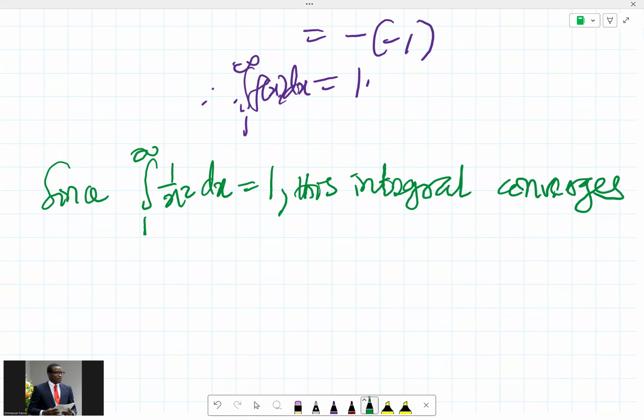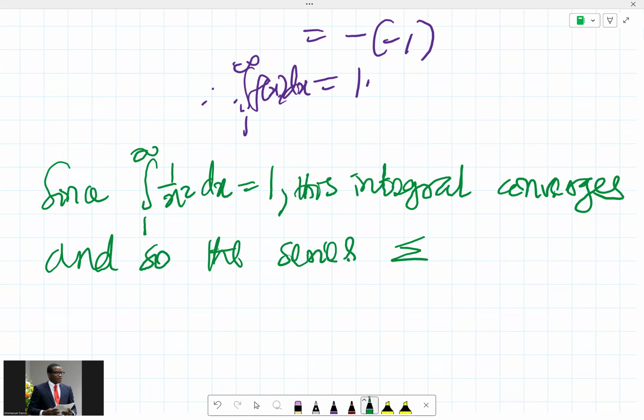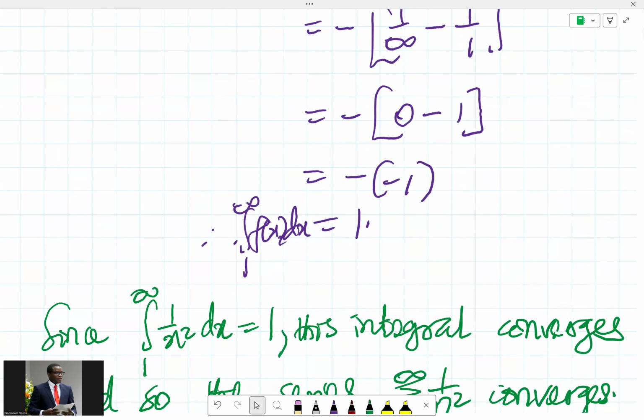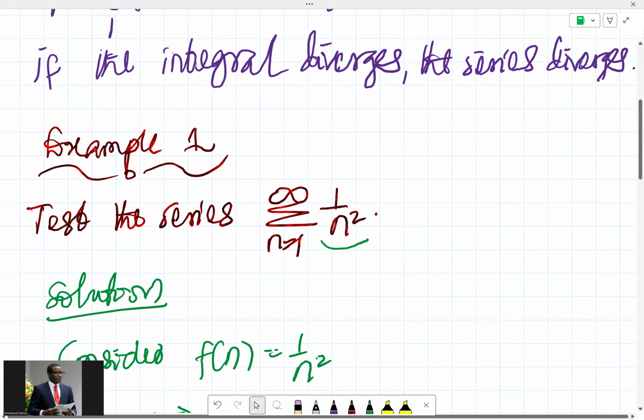And so the series we're given, summation from n equals 1 to infinity of 1 over n squared, also converges. That is the implication of that. The series also converges.